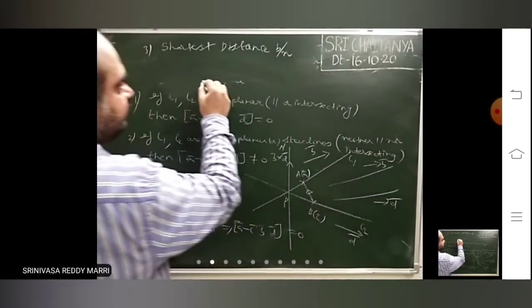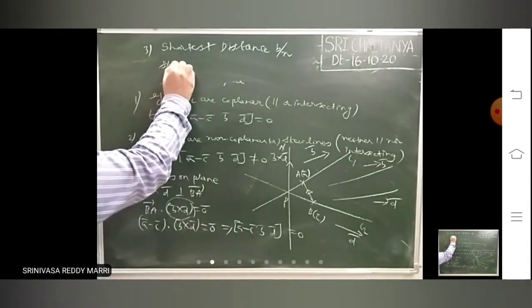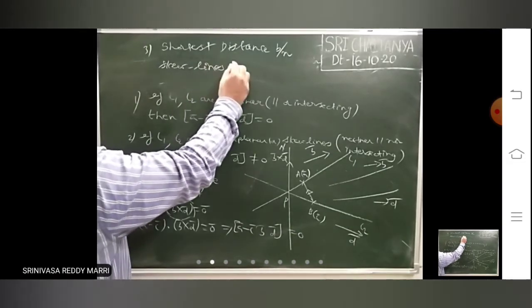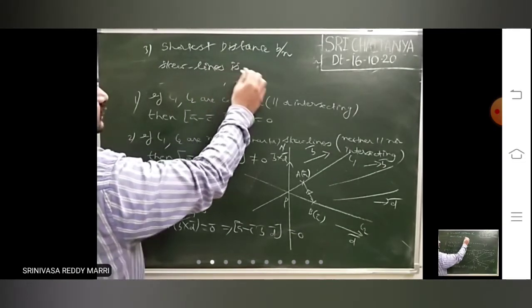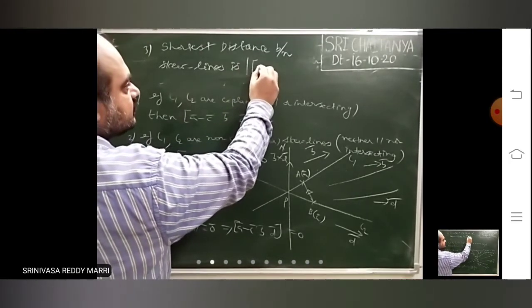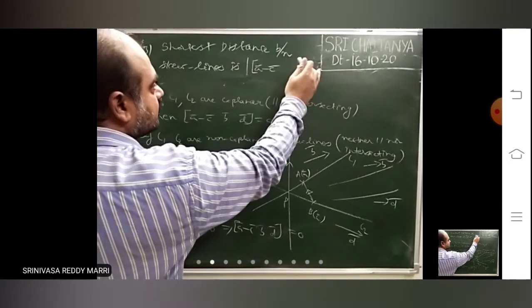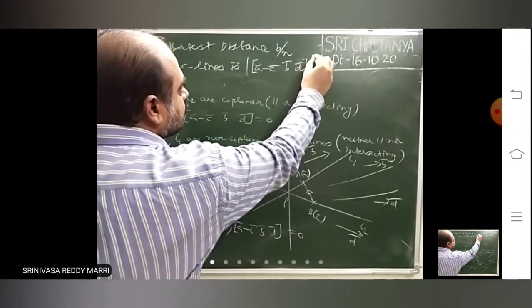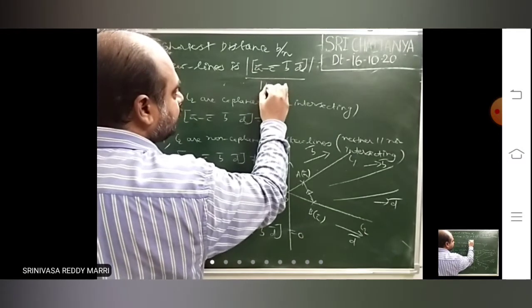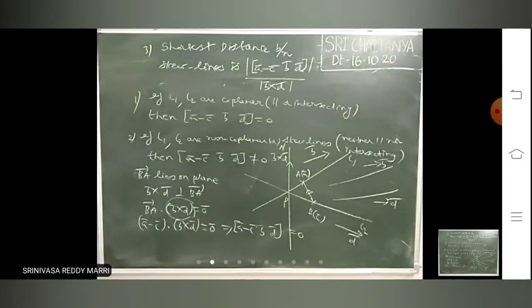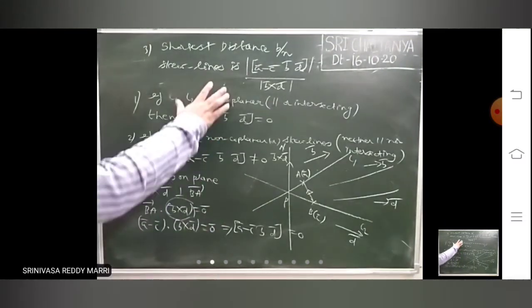Shortest distance between skew lines is, the formula is modulus of the scalar triple product divided by modulus of B cross D. Just remember this formula.